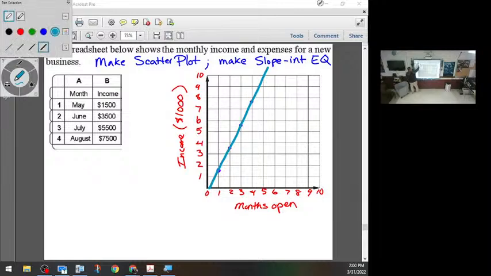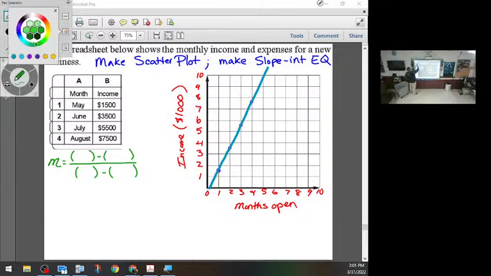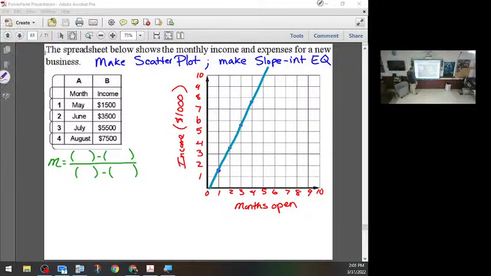Next up, I need to make my equation. I'll switch to purple. I'll get my slope. And yes, whatever points you use, you should have gotten the same slope.